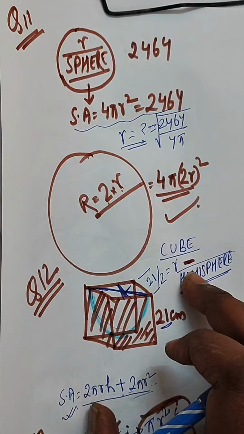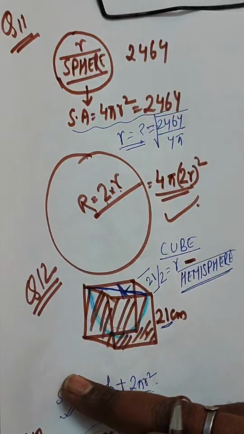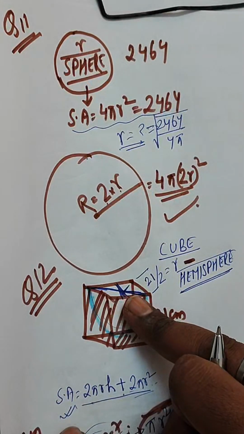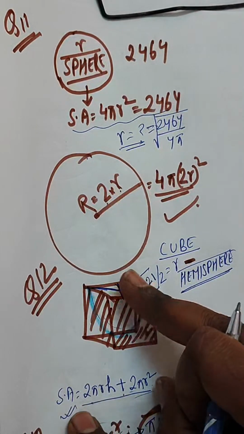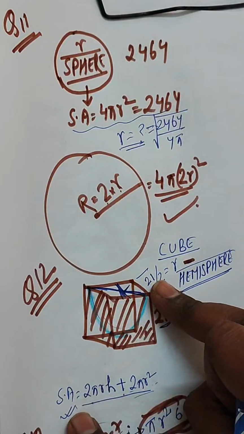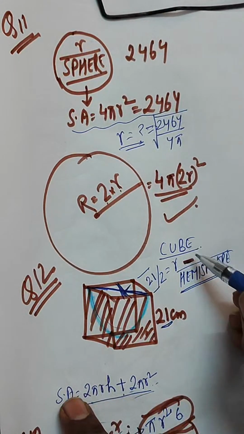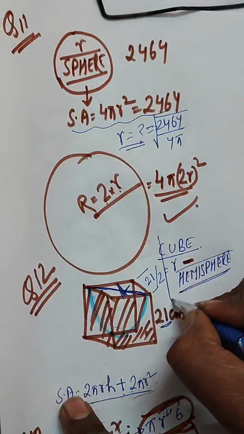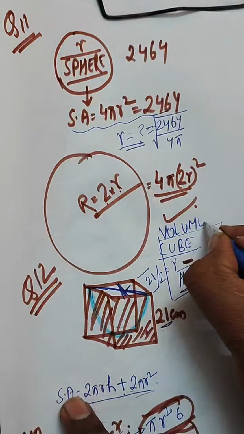And for the remaining piece's surface area, my dear friends, it is the total surface area of the cube, minus the area of the top of the hemispherical part, plus the curved surface area of the hemisphere. Volume is very easy. Volume of the cube minus volume of the hemisphere, you can easily calculate it. This will give you the volume, right?